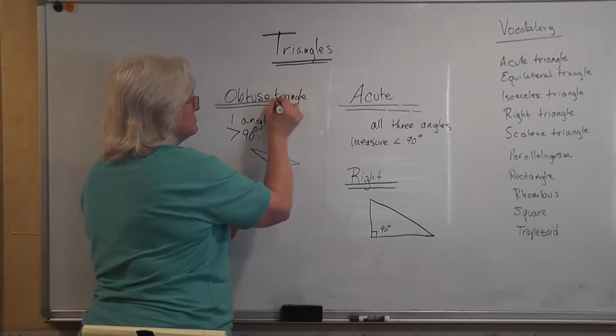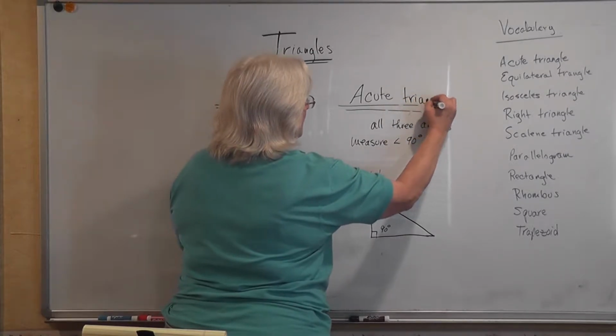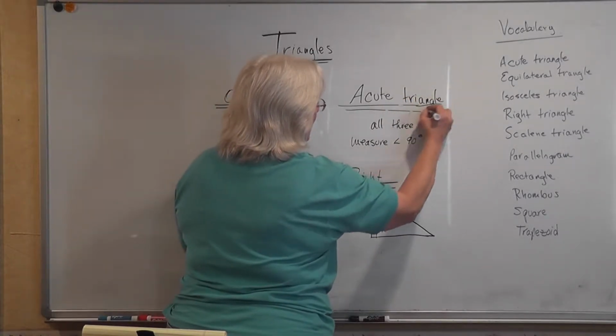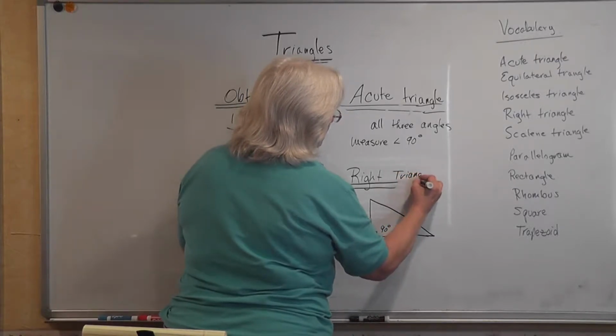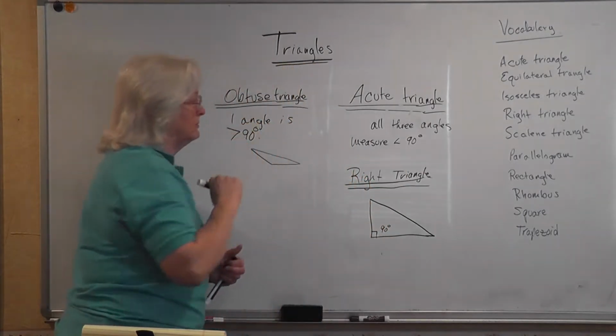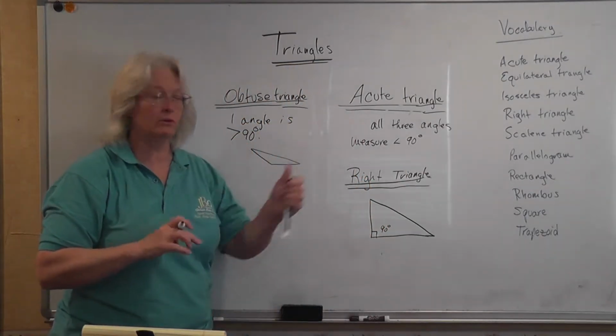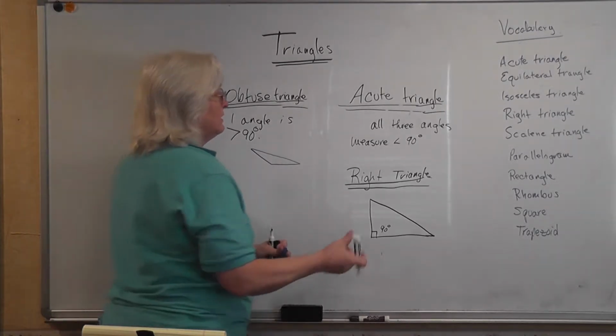So we have an obtuse triangle, we have an acute triangle, and we also have a right triangle. Acute triangle, all three of those angles have to be less than 90 degrees.